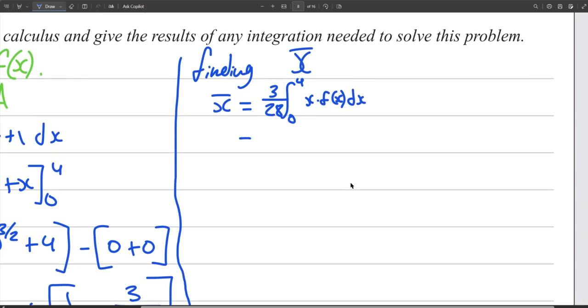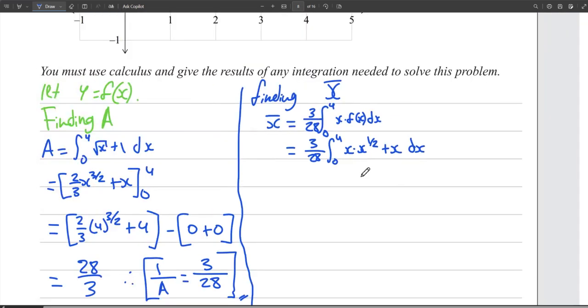And so now let's go ahead and just start putting things in. 3 on 28 times the integral from 0 to 4 of x times the square root of x plus x. I'll put that in power form: x times x to the power of a half, plus x with respect to x.